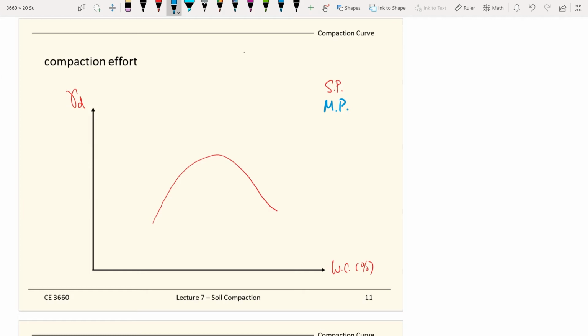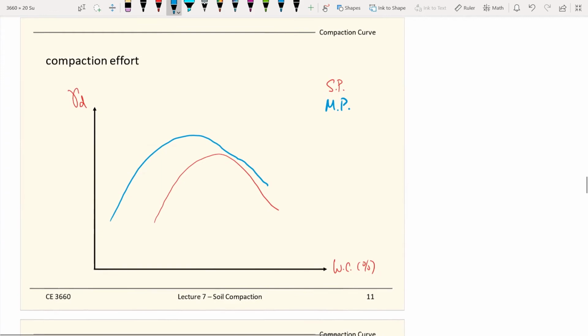So the modified Proctor, relative to the standard Proctor, the curve will look like this. You're at the upper left corner. That's where the modified compaction curve is located. And on each curve, you can identify the optimum point, which gives you the corresponding maximum dry unit weight and also the optimum water content.